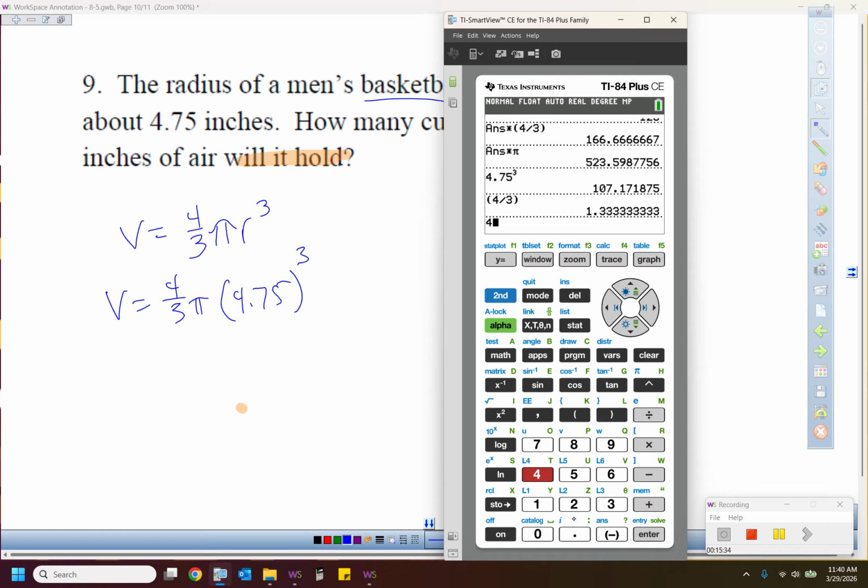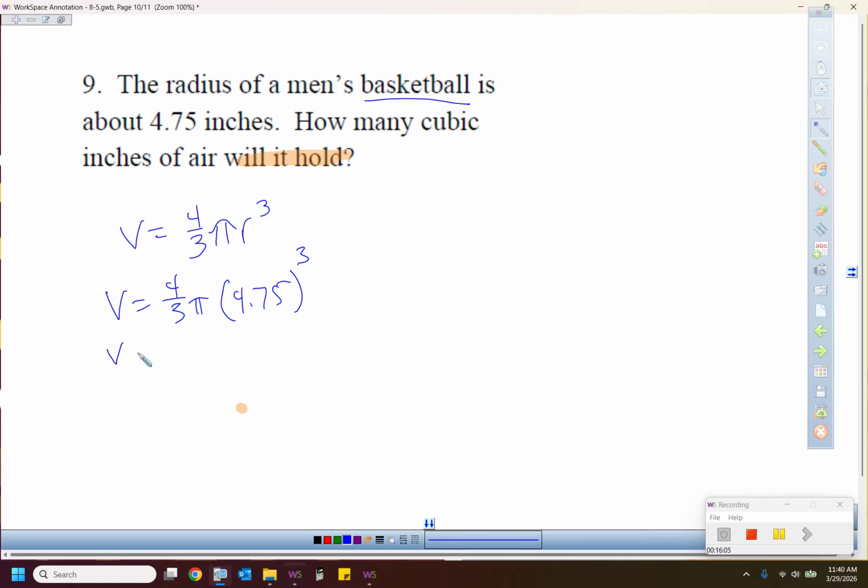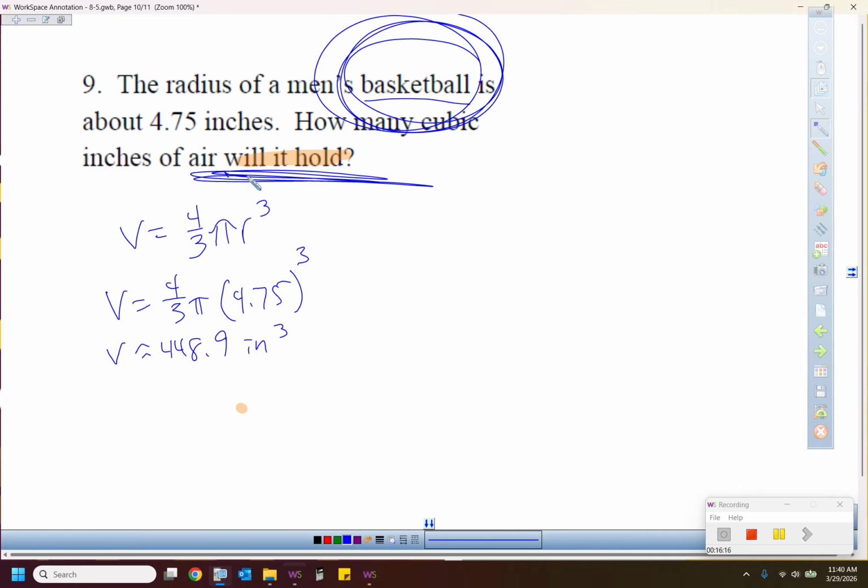So 4.75 to the third times 4 divided by 3. So this will work out better. Okay? And then times pi. And that's how many cubic inches of air it will hold, about 448.9. Volume is about 448.9 inches cubed. So shape recognition, sphere, concept, volume.